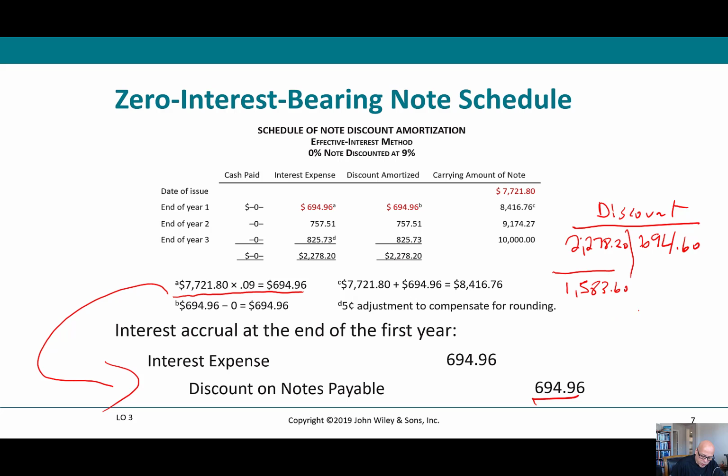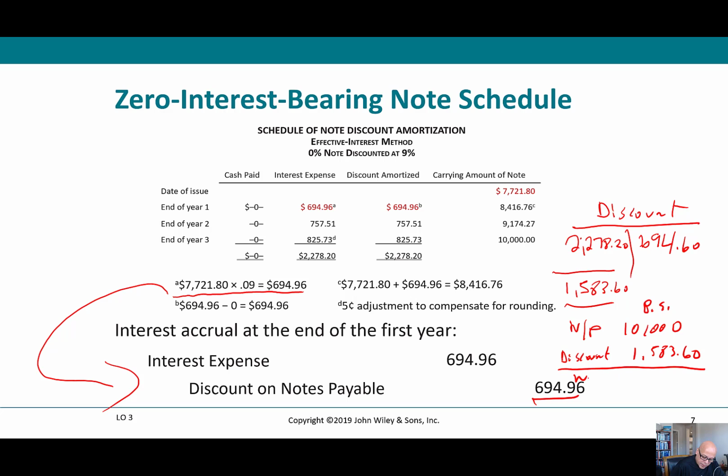Okay. So now, if I want to see what the carrying amount of that note is, let's just go ahead and calculate it by also presenting the balance sheet. Note payable is still the full $10,000, right? That's going to mature now, it'll be in 2 years, for $10,000. The discount we just calculated right there is $1,583.60.